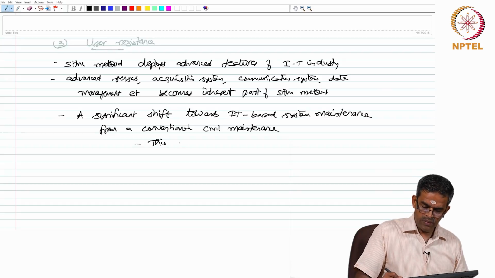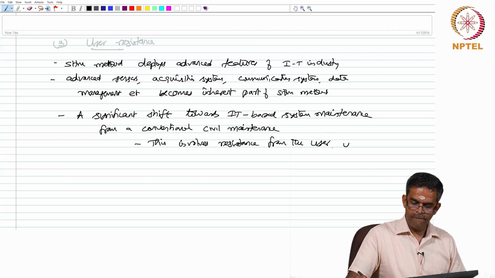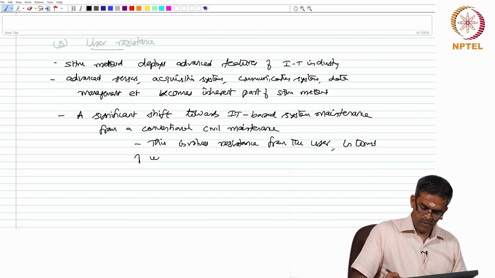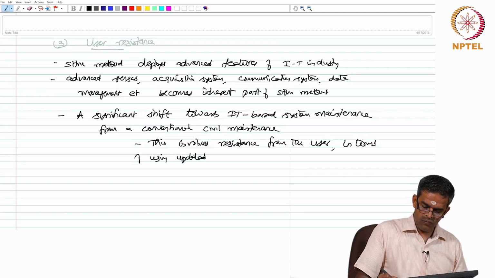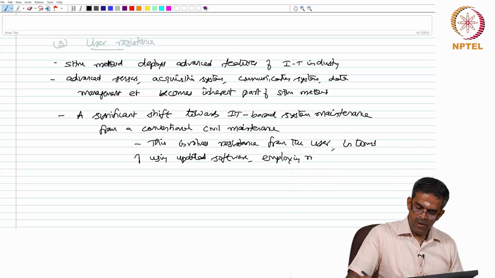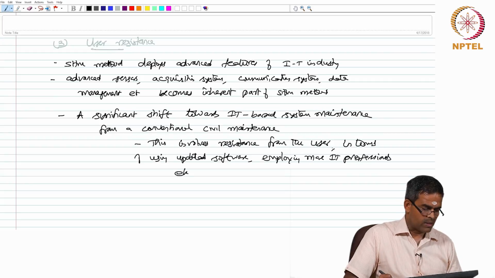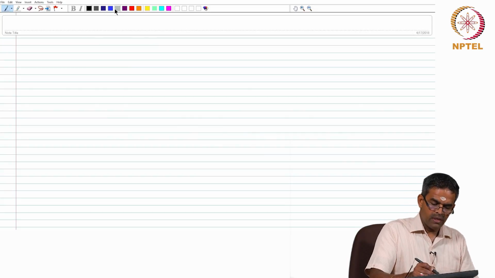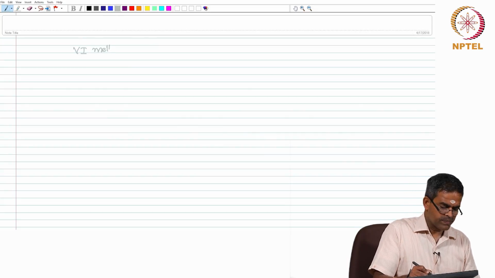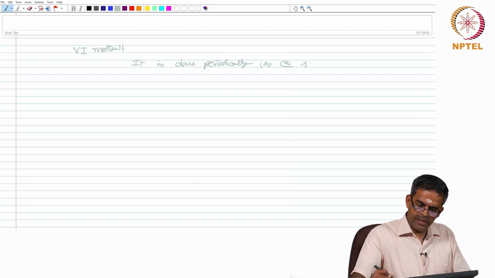So, this involves resistance from the user in terms of using updated software, employing more IT professionals, etc. On the other hand, if you compare visual inspection method, it is actually done periodically or at scheduled intervals.